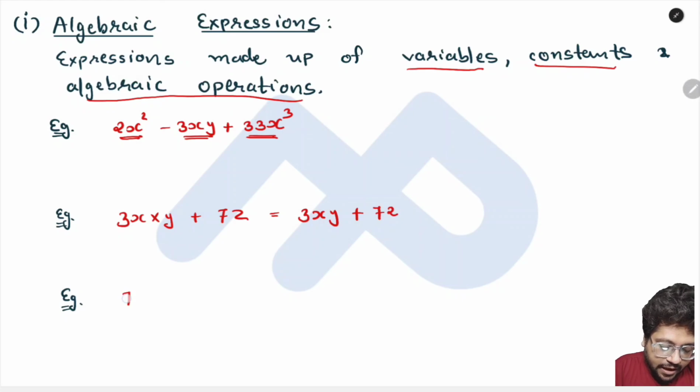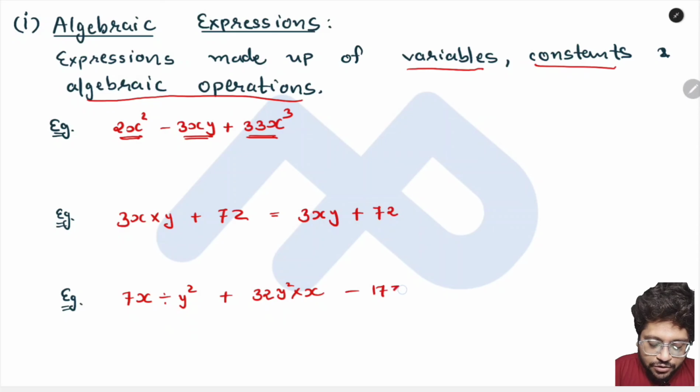Let's say 7x divided by y square plus 32 y square times x minus 17 z square. How many terms are there? There are 3 terms. Why? Because for 7x divided by y square, you cannot differentiate the term using multiplication or division. Whenever there is a division or multiplication, they are not different terms, they are considered a single term.